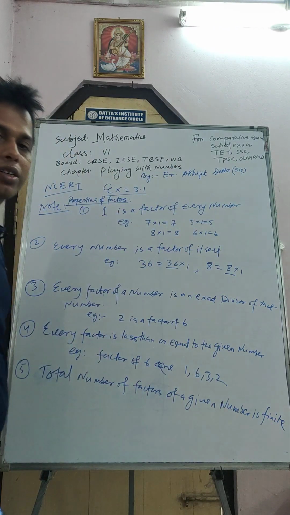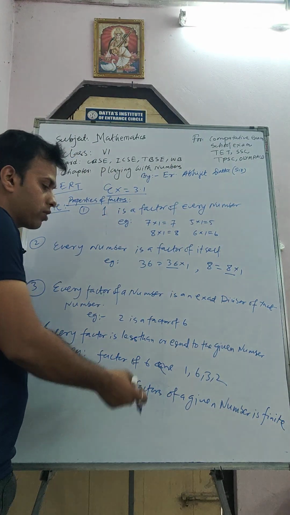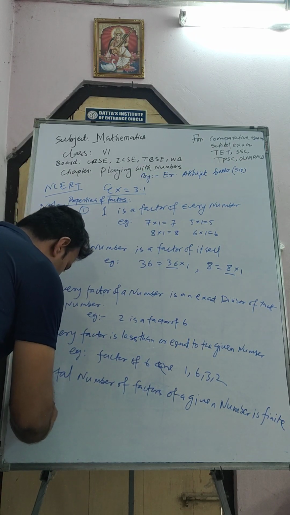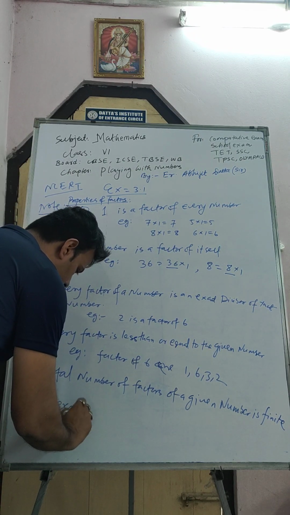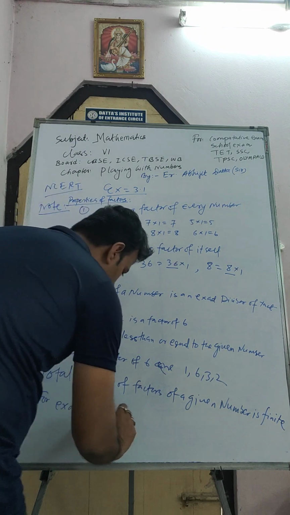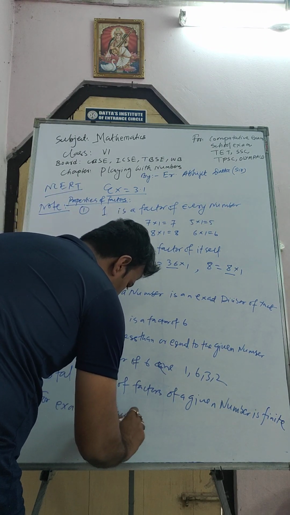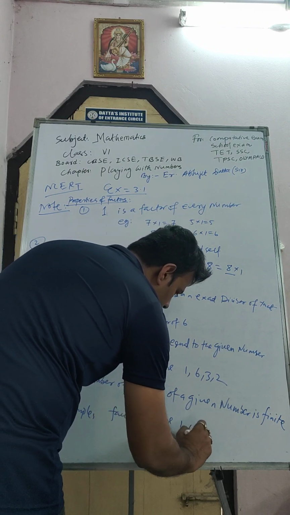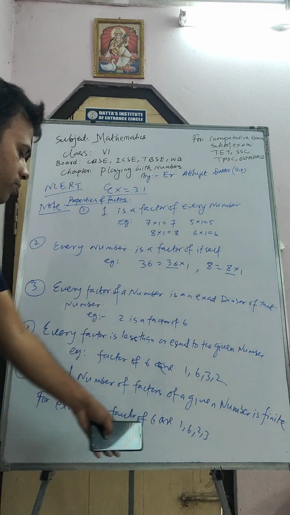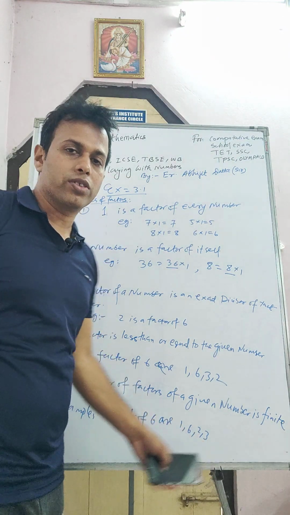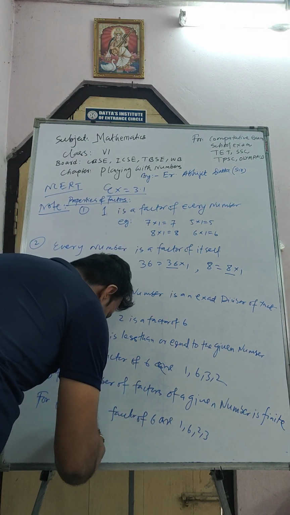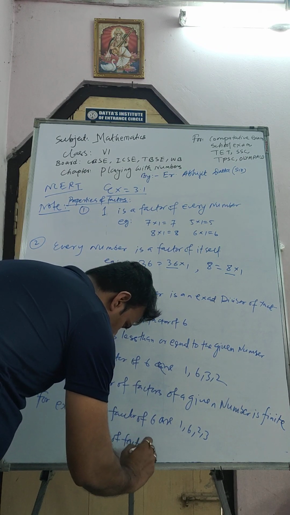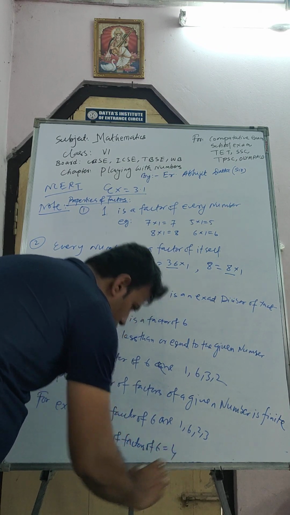For example, the factors of 6 are 1, 6, 2, 3. How many factors are there? 4 factors. So the total number of factors of 6 is equal to 4.